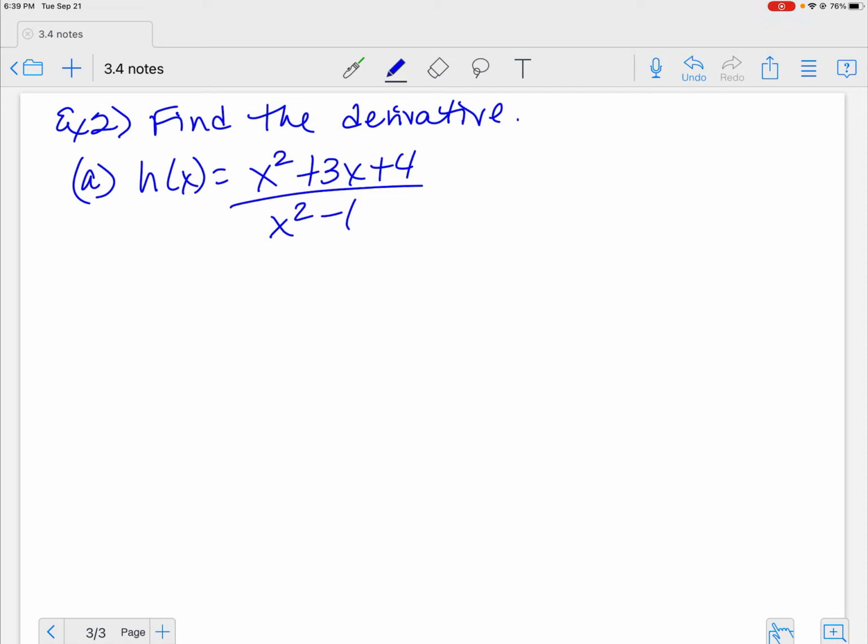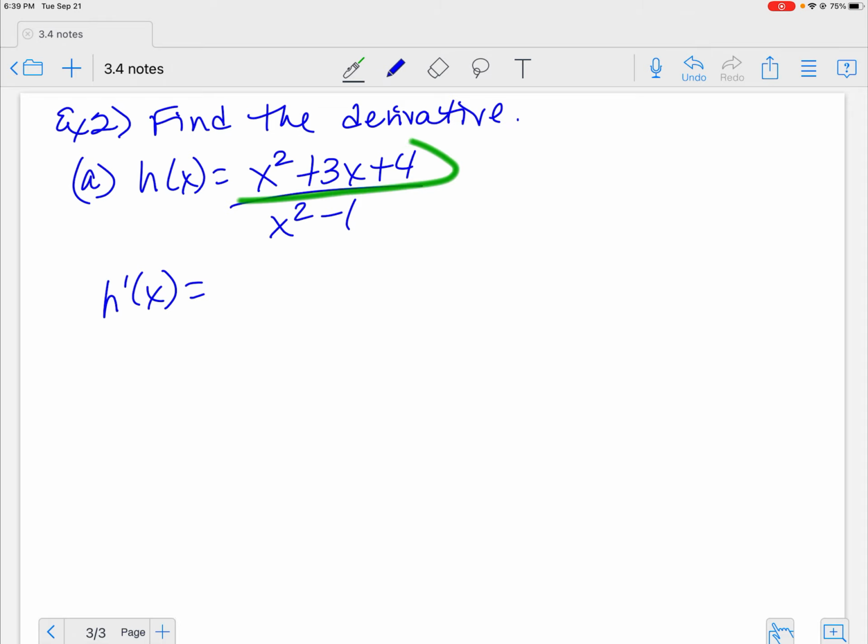If you can factor in real life, then do it. You can't in this particular problem. The only way to take this derivative is going to be the quotient rule. Well, lucky enough we just learned it, right? So let's practice this bad boy.